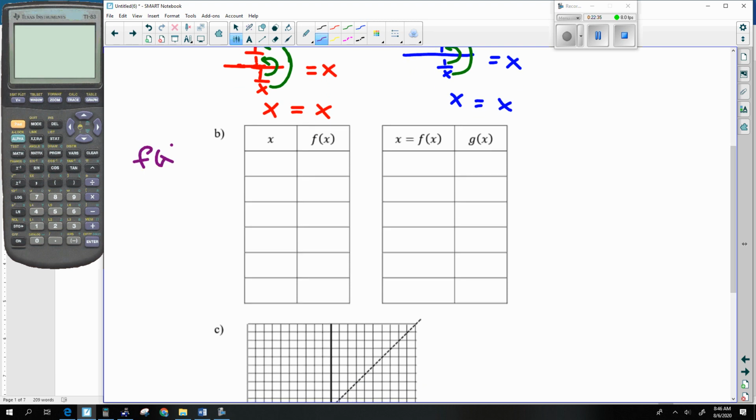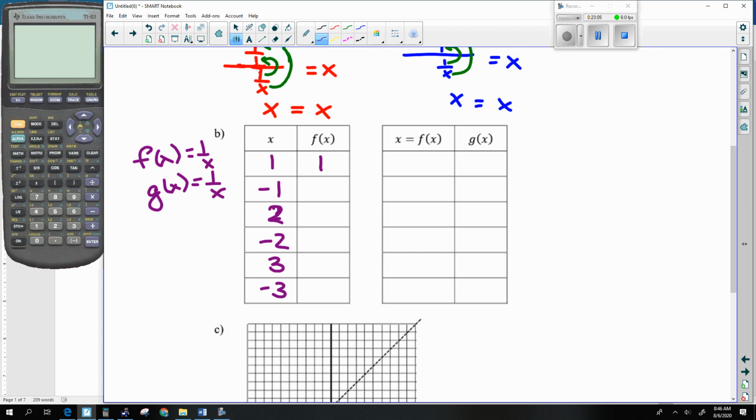So I know that the f of x is 1 over x, and the g of x is also 1 over x. So picking out some good points, let's go 1, negative 1. Can't pick 0. Can't choose a 0. Doesn't work. 2, negative 2, 3, negative 3, something like that.